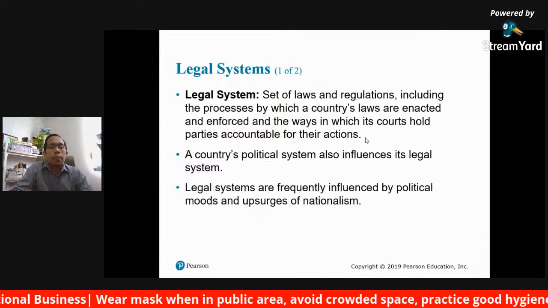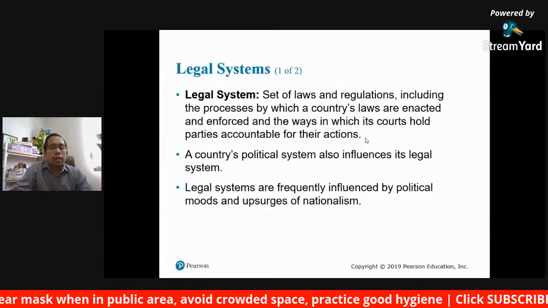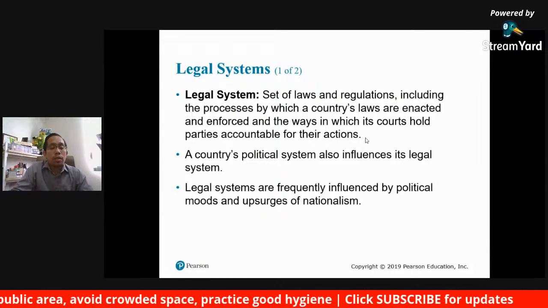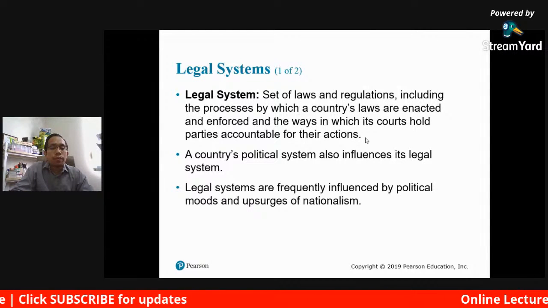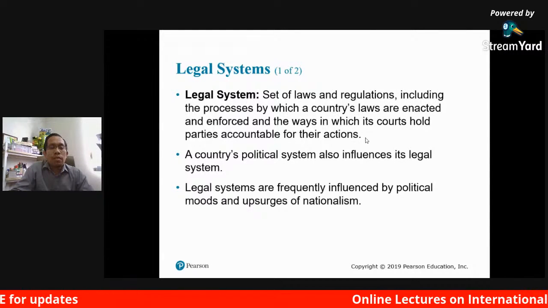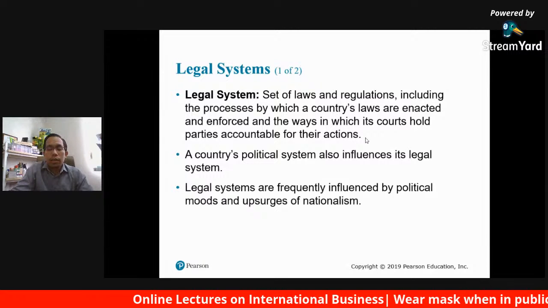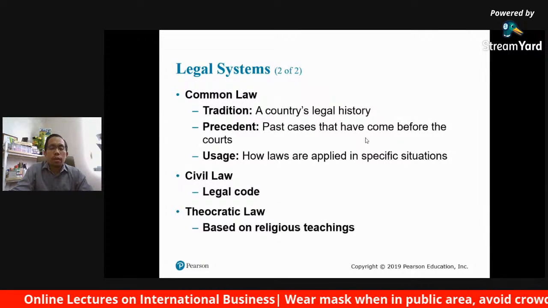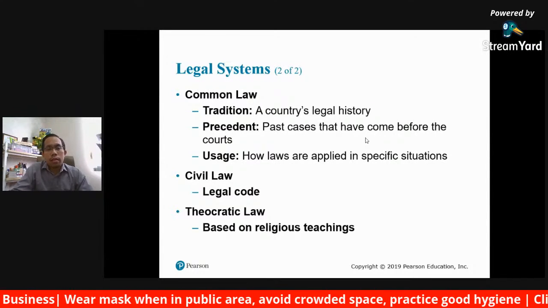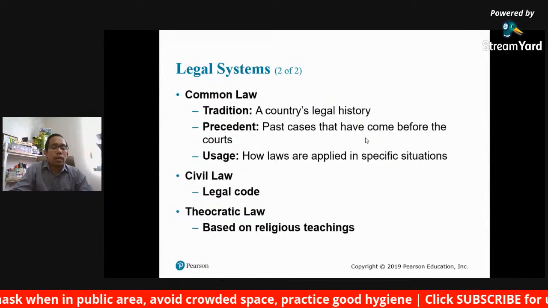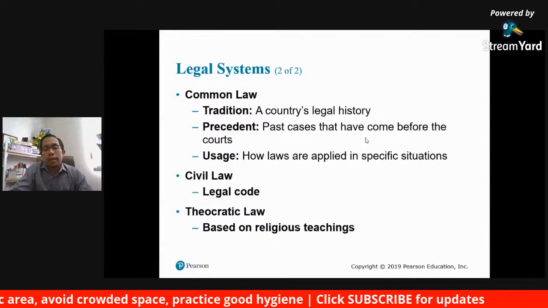This is how all parties are protected, so we need rules and a legal system. Legal systems are frequently influenced by political modes and upsurges of nationalism. There are a few types of law we can know.